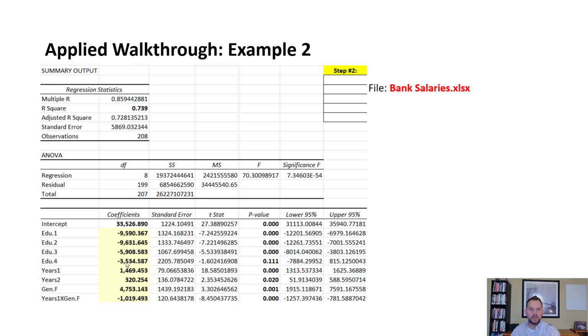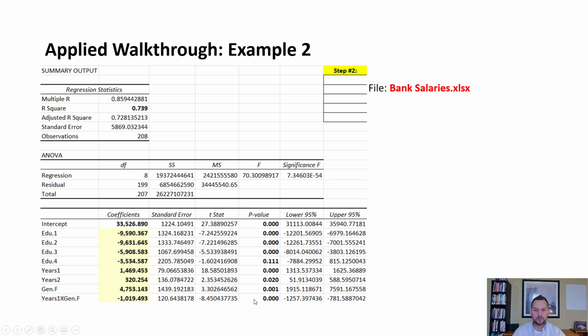So here's another example, the one that we've worked with here in the last session with the potential discrimination with salaries, right? Bank, right? So here's the data. Here's our coefficients.